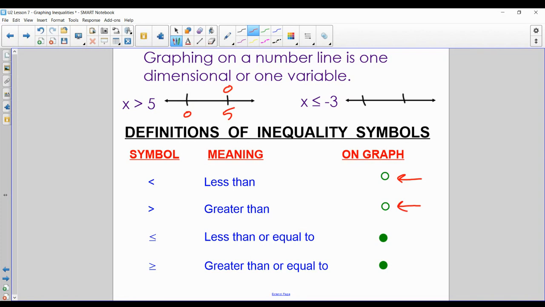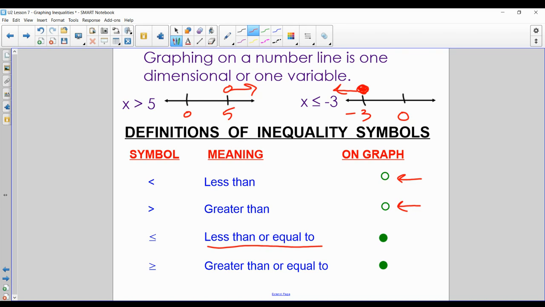I have an open circle, and this means greater than, so I go to the right. If I have one like x is less than or equal to negative 3, I'm going to put my negative 3 and my 0. My dot goes at negative 3, but because it's or equal to, I have to fill in the dot.